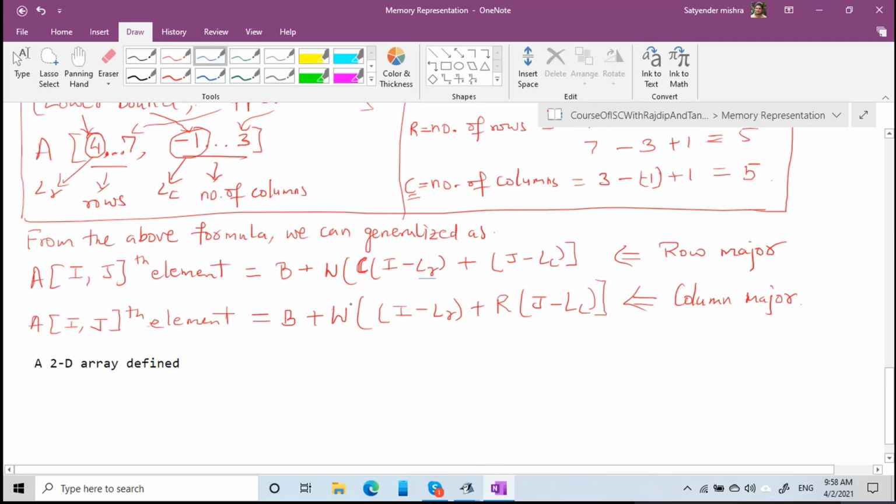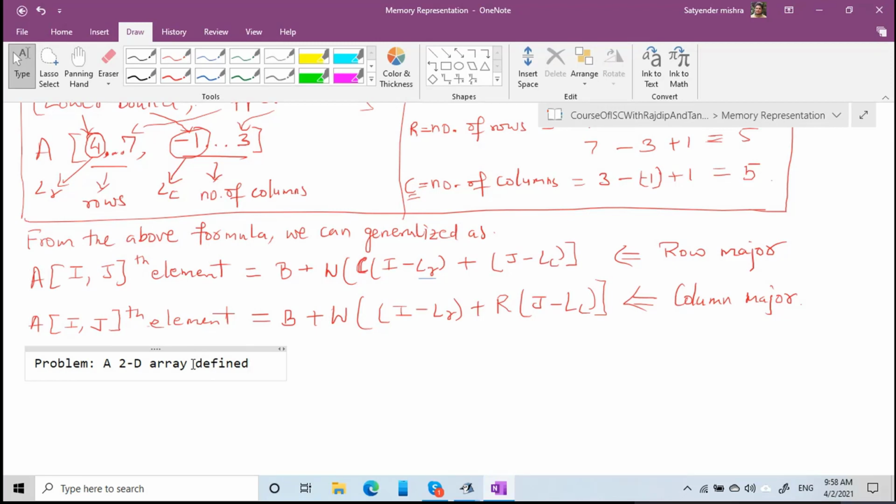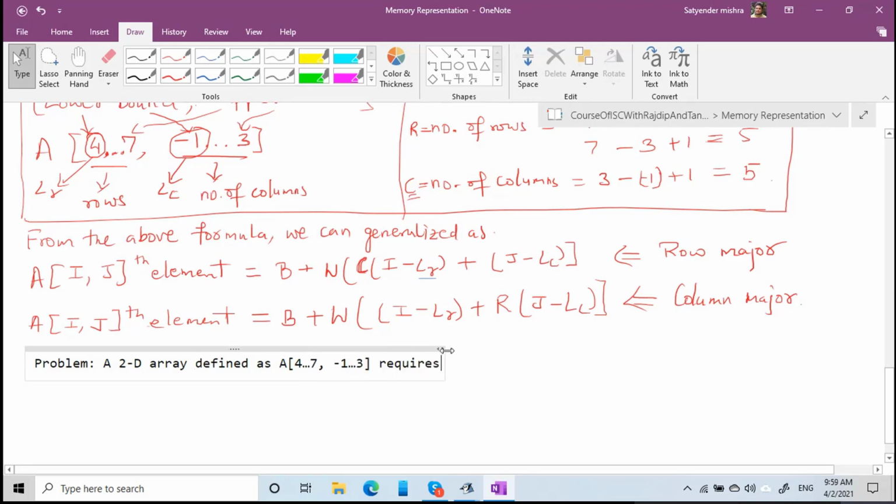Okay, so now this is a problem. The problem is: a 2D array defined as A, I'm taking the same thing here, A[4 to ... -1 to ...], requires 2 words of storage.